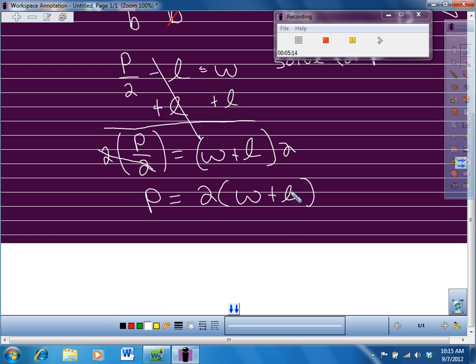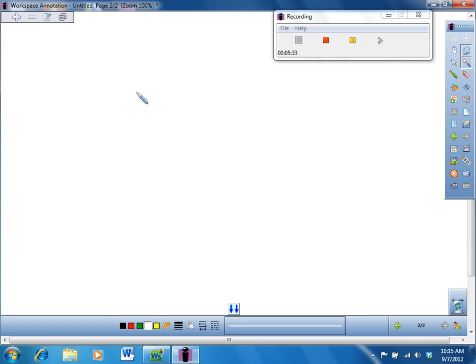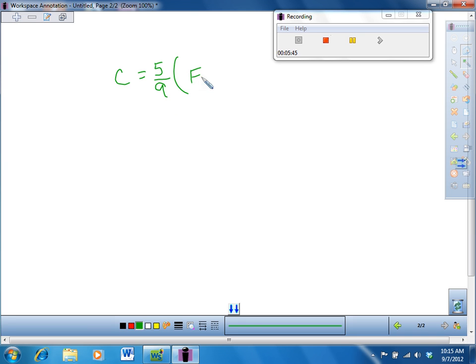Right? Okay. So let's do one more quick. What if I see this one? New page. I'm going to have to do a plain white page because it's hard to see with these colors. C equals 5/9 F minus 32.